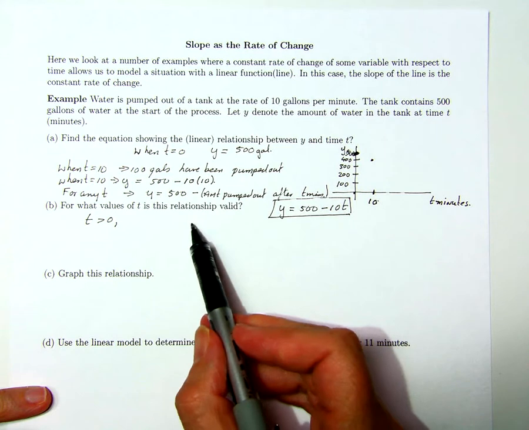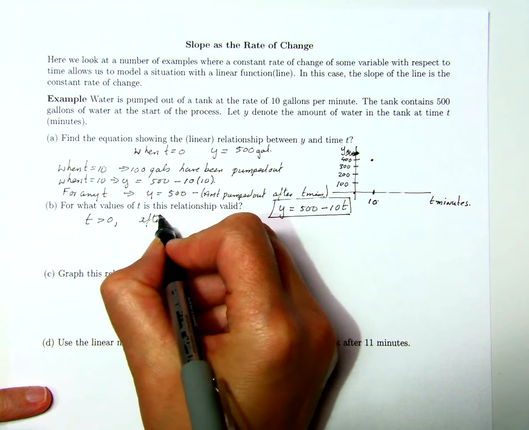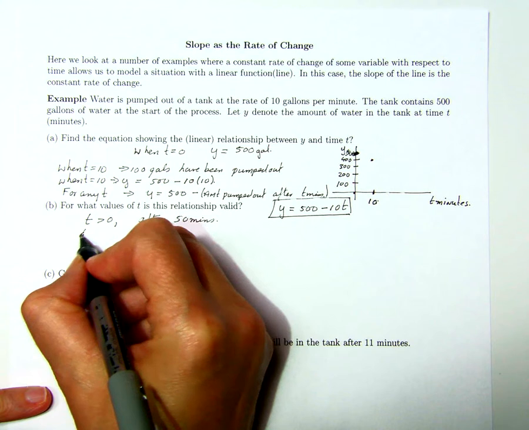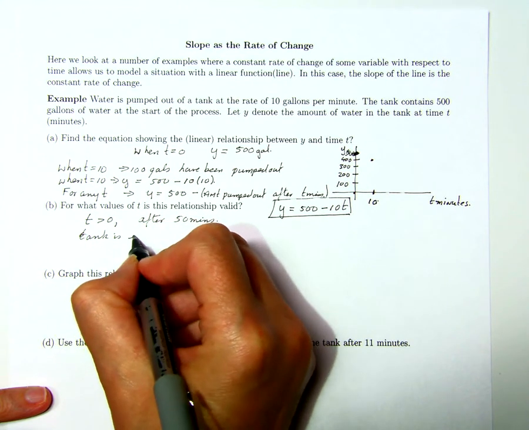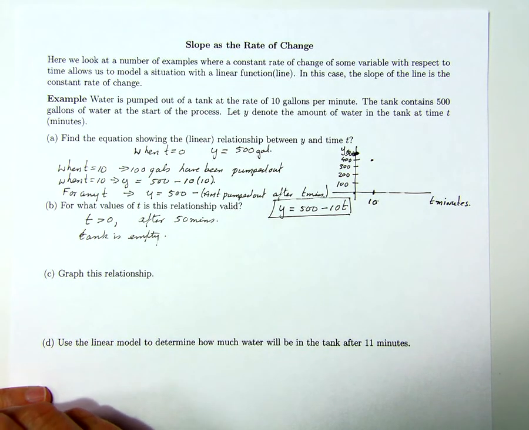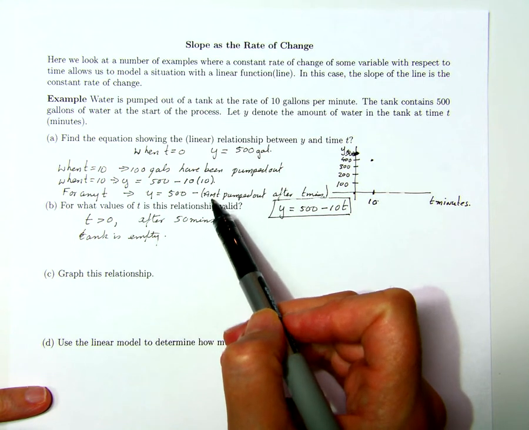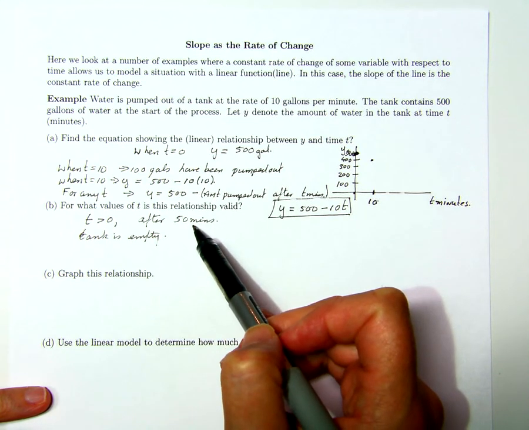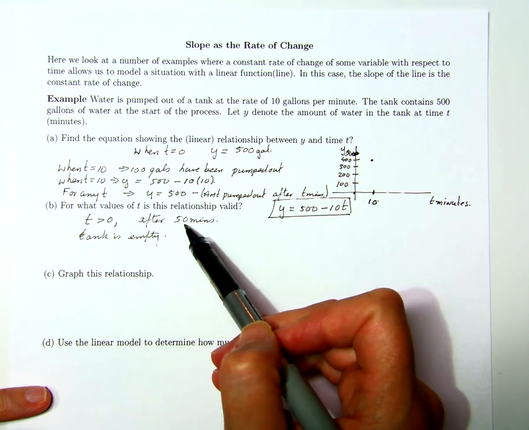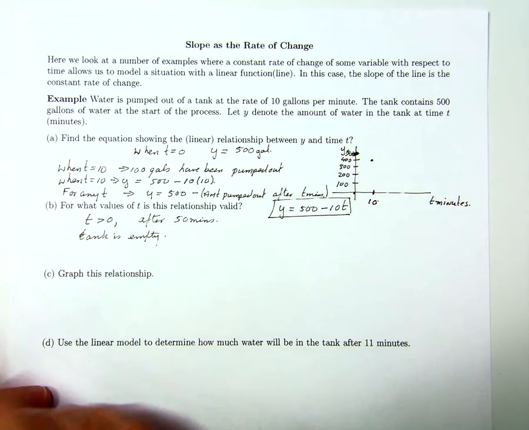Number 2, after 50 minutes, all of the water is gone from the tank. The tank is empty. And the relationship stops there because 500 minus, say, 60 times t is 500 minus 600, so we don't get a negative amount of water in the tank. The amount of water in the tank is 0 from then on.